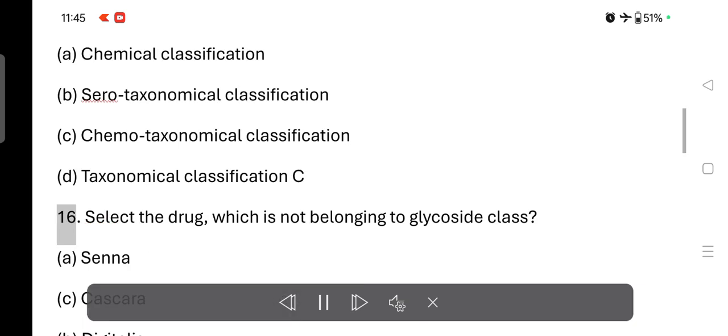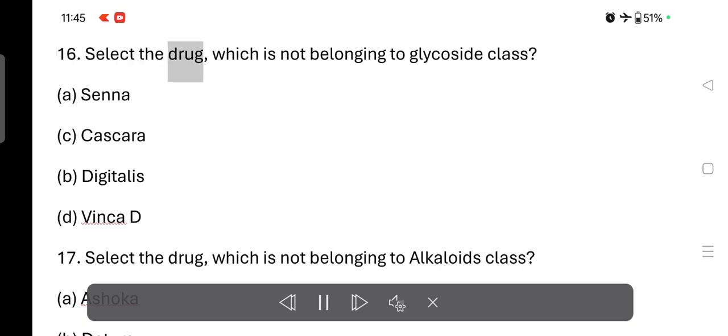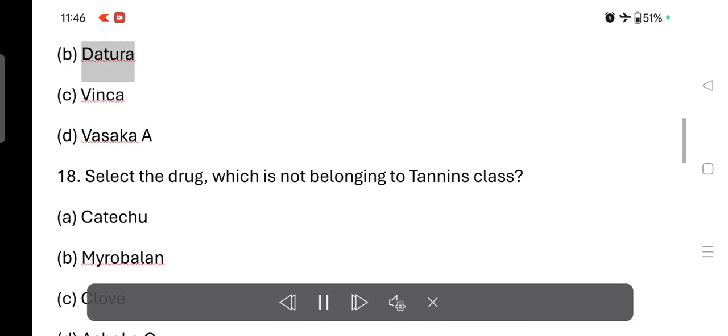Answer: C. 16. Select the drug, which is not belonging to glycoside class. A. Senna. B. Digitalis. C. Cascara. D. Vinca. Answer: D. 17. Select the drug, which is not belonging to alkaloids class. A. Ashoka. B. Datura. C. Vinca.